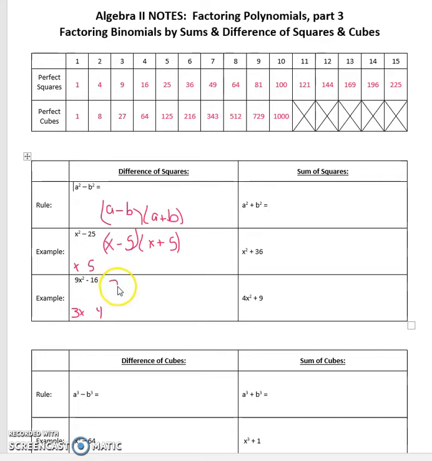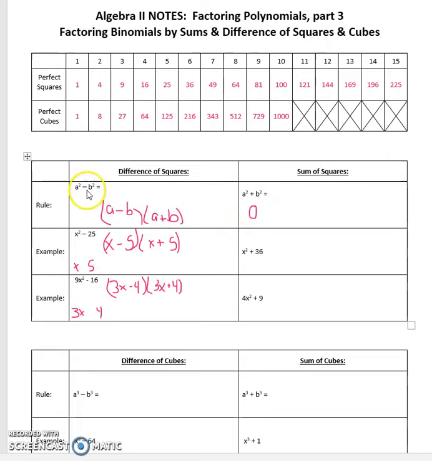So you're going to have 3x minus 4 times 3x plus 4. Woohoo!